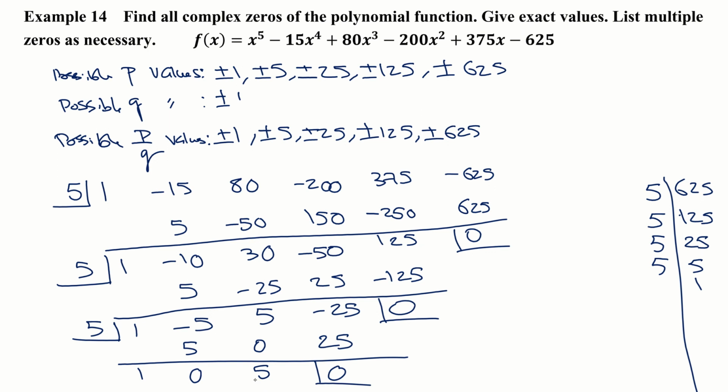So I get f of x is equal to quantity x minus 5, not once, not twice, but 3 times, right? And what's left is x squared minus 5, which is this trinomial here, okay? That quotient. So now all I gotta do is solve that, factor that.